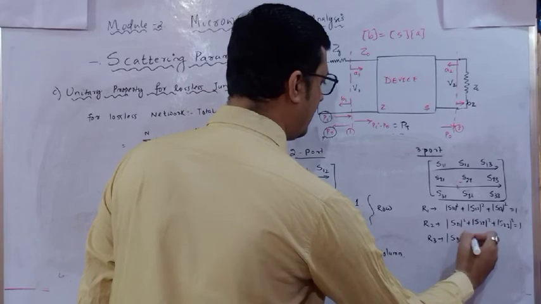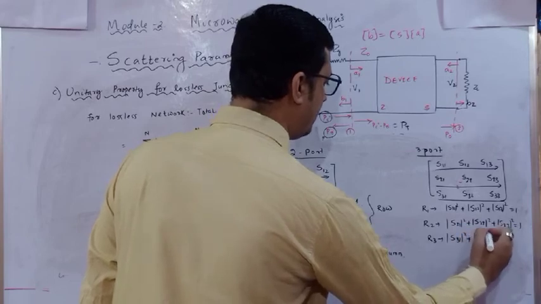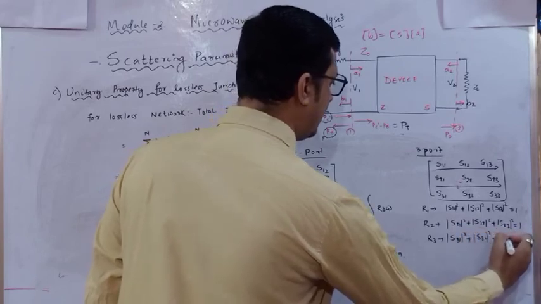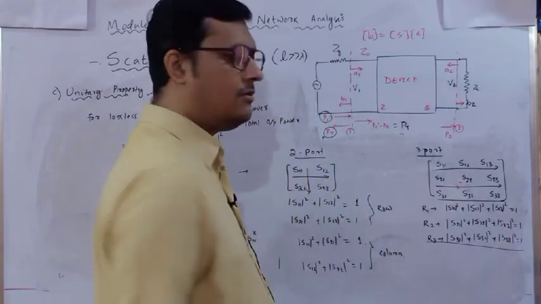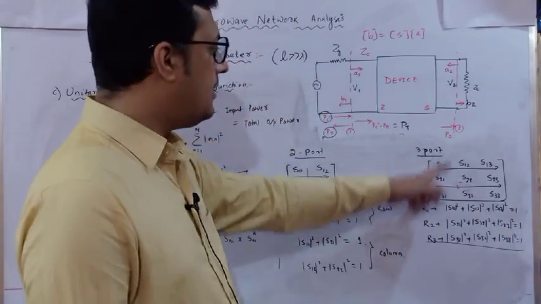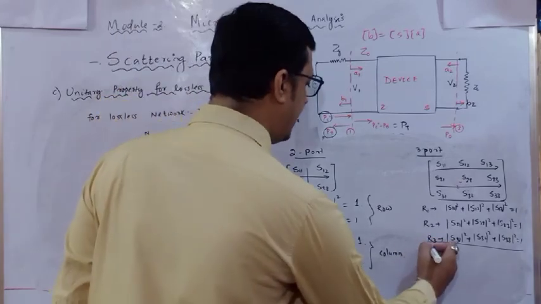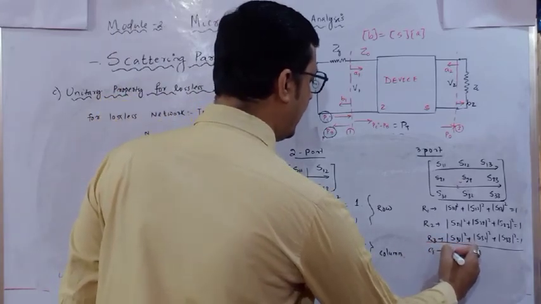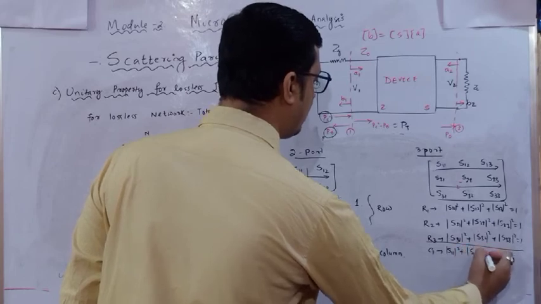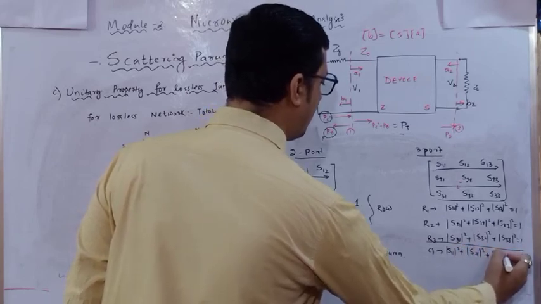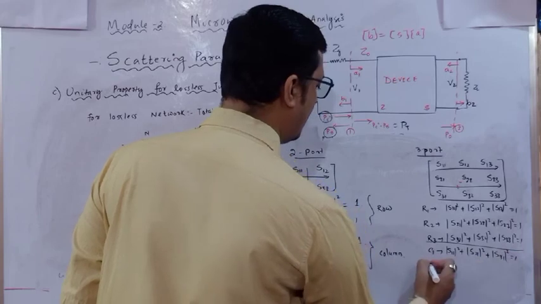S31 square, S32 square, S33 square equals 1. This is with respect to the row I have taken. Similarly, column-wise you can take C1 as S11 square plus S21 square plus S31 square equals 1.